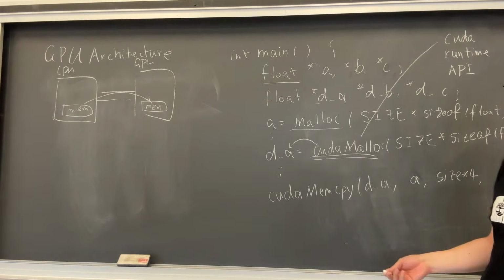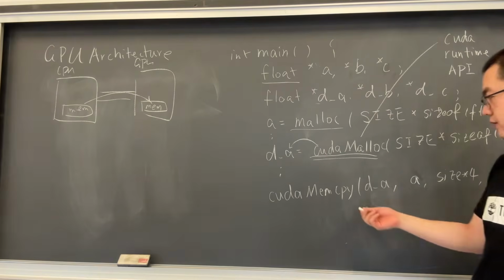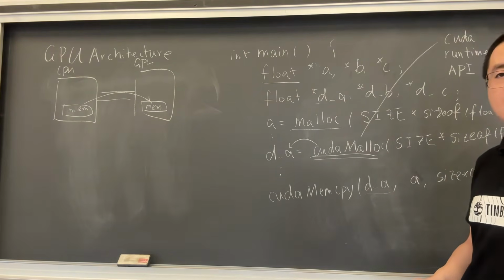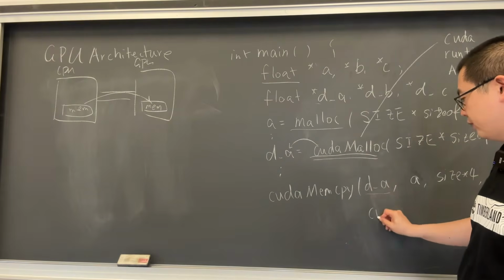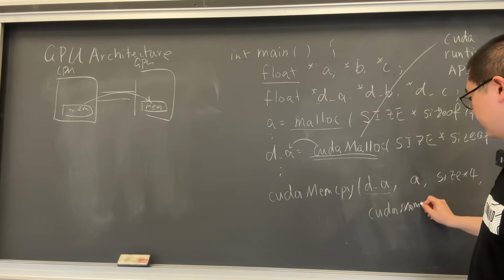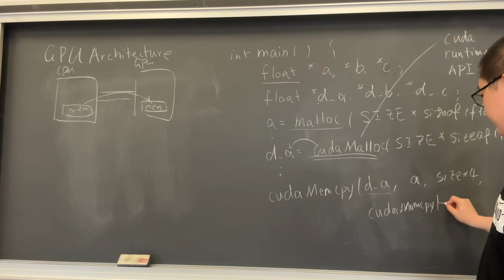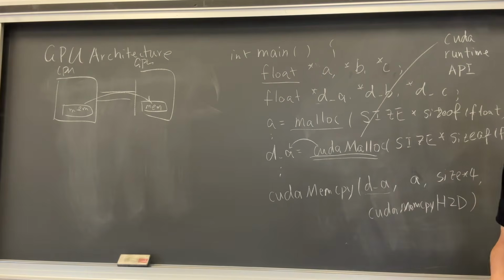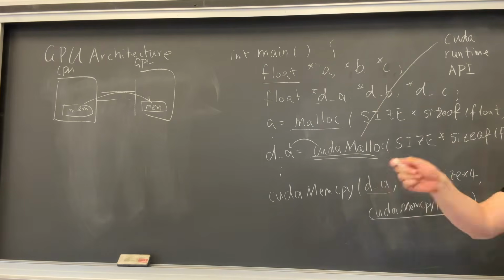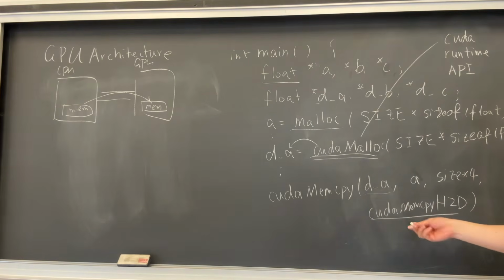Also we need to tell the direction we're copying, because CUDA cannot easily tell if this is a device pointer or a host pointer. In this case, we need to provide another parameter called cudaMemcpyHostToDevice, host to device. This is a constant value that just tells this API the direction in which we're copying this memory. Then cudaMemcpyHostToDevice.